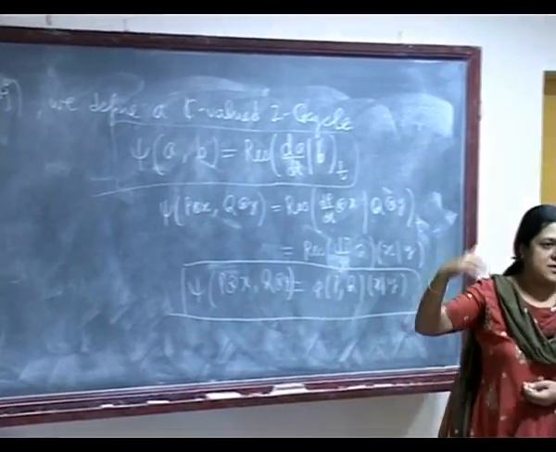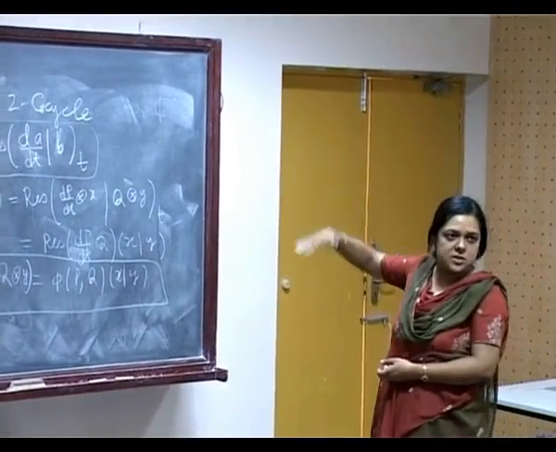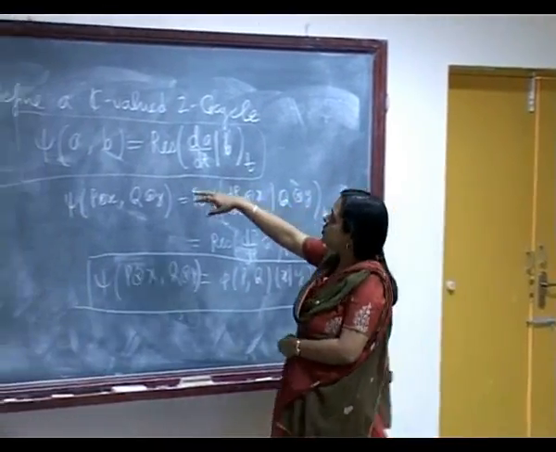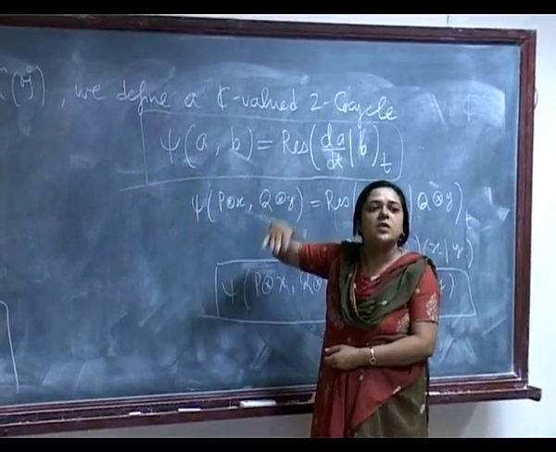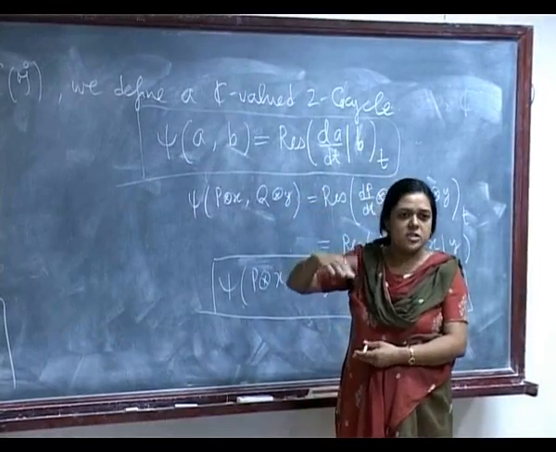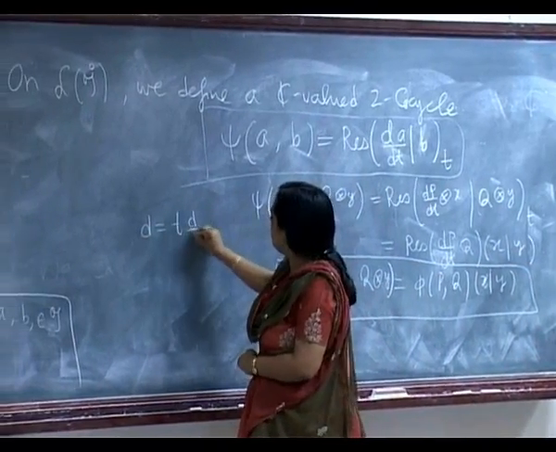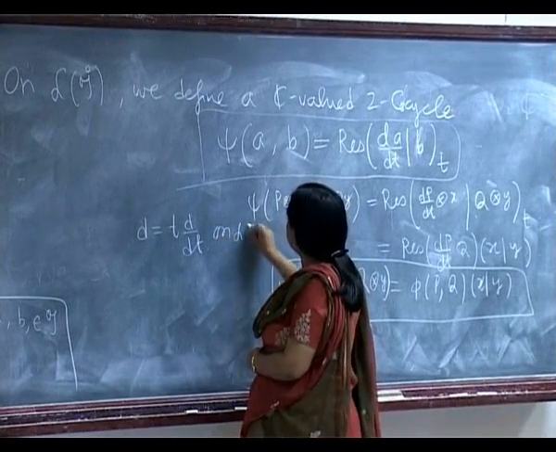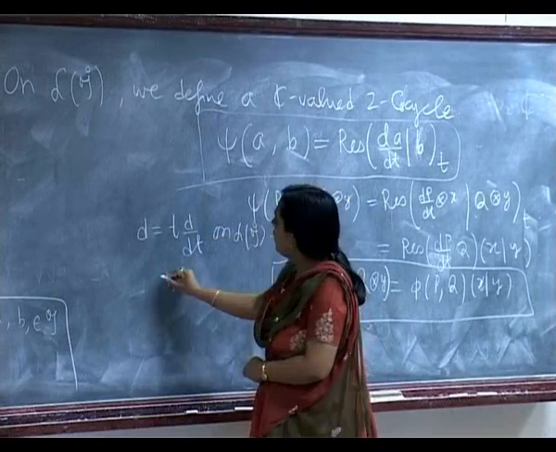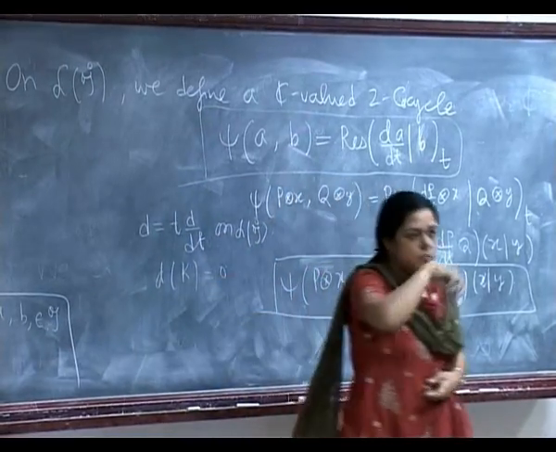So, we will consider the central extension of LG naught, which is one dimensional and associated to this 2 co-cycle. And then we will adjoin a derivation d, which will act as t d upon dt on LG naught, and on k it will act as 0.